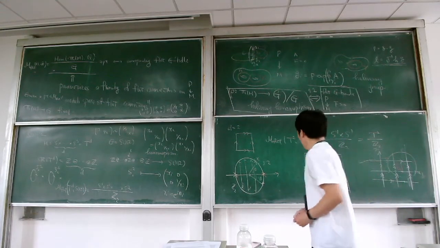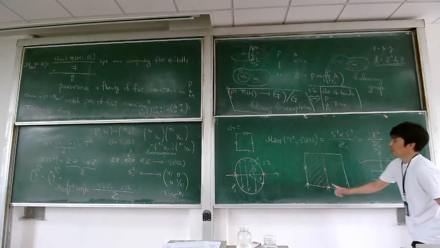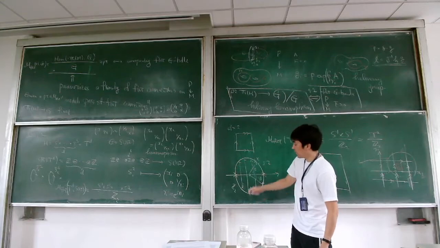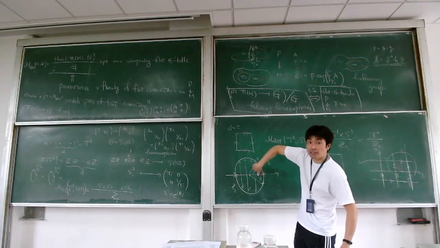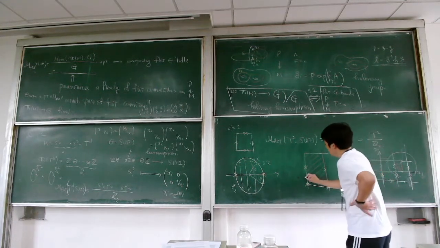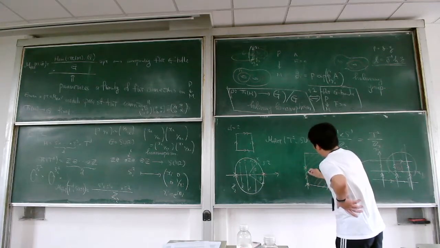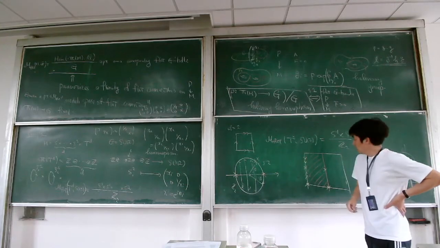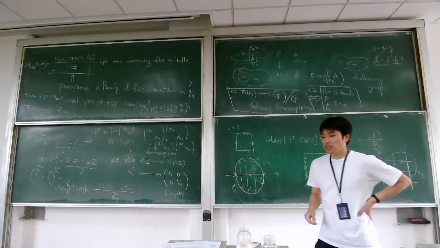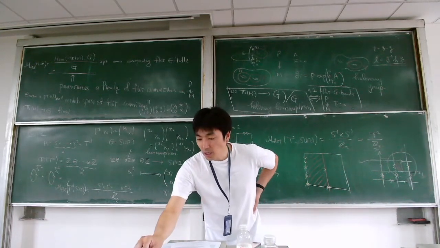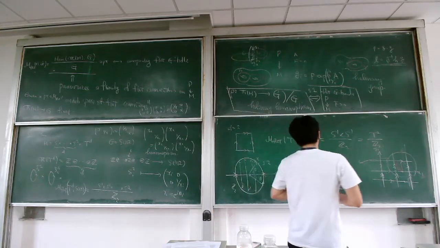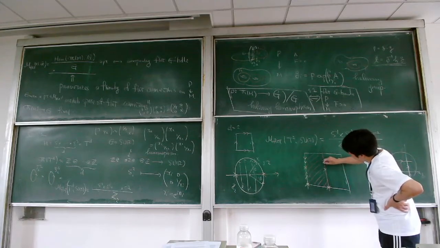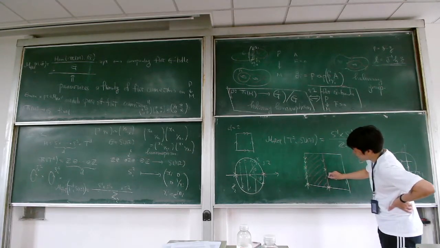Okay? And indeed, this half circle is identified with the opposite half circle. Therefore, this part is identified with this part. Likewise, the other chunk, this part is identified with this part. Okay?